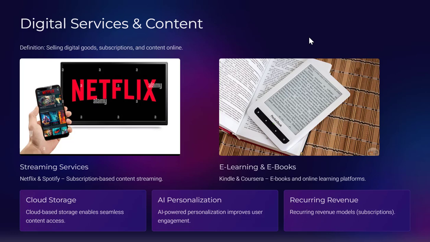The subscription is very important. It's a steady stream of income for digital businesses. So recurring revenue in the form of subscriptions is the key for this model.